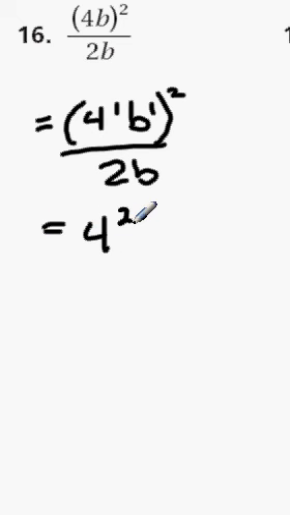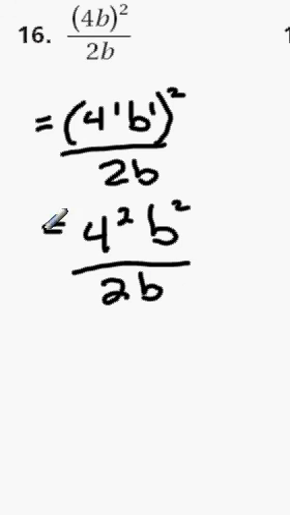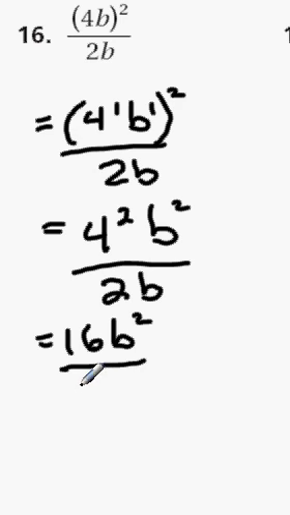So we have 4 to the second power. Again, 1 times 2 is 2. So there's b to the second power over 2b. Now, square the 4. So 4 times 4 is 16. 16b squared over 2b. By the way, this b has an exponent of what? Hopefully you're going to tell me 1.